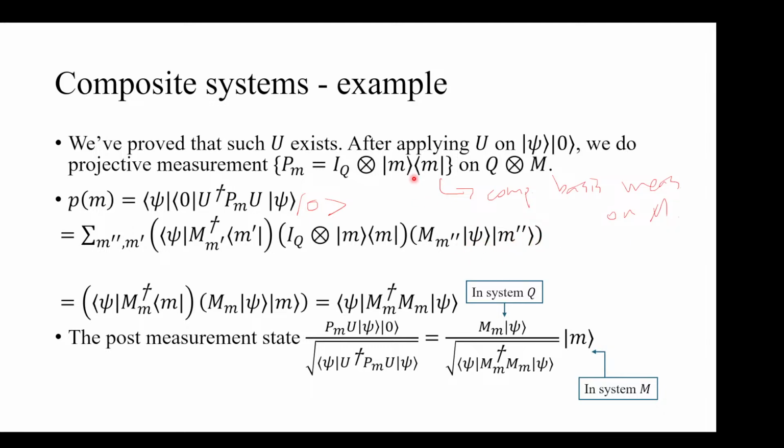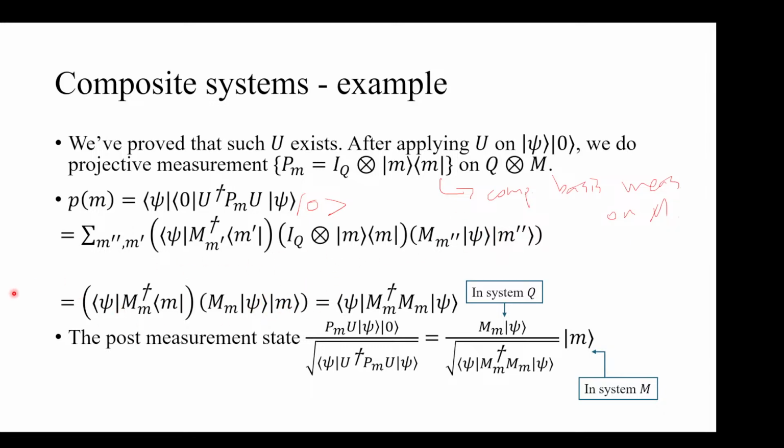And so the summation with m prime was here, and the summation with m double prime was here. But everything is linear, so we can put the summation outside, and we have those things inside. Now everything is a tensor product with each other, so we just deal with each register separately. For the first register, we have psi, M dagger sub m prime, times M sub m double prime, psi. Okay, so this is the first register.